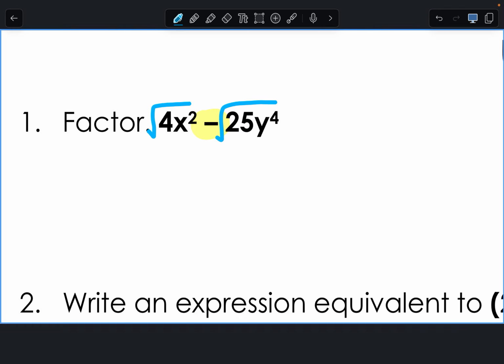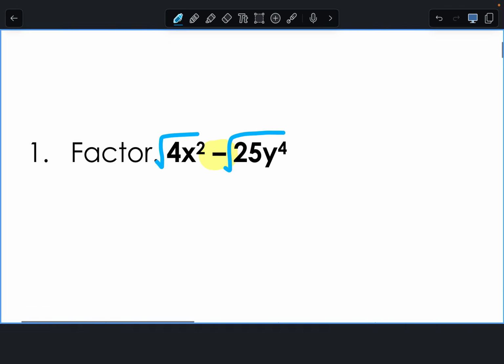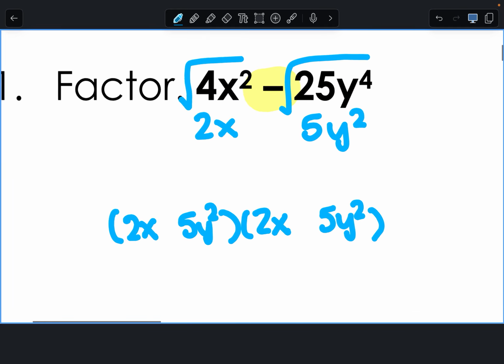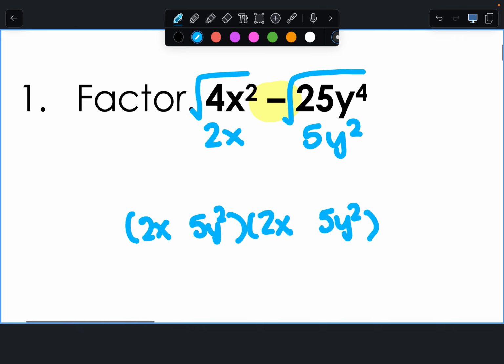Now, the square root of 4x squared? 2x. And then the square root of 25y to the 4th? 5y to the second. So 2x, 5y squared. One is plus, one is minus.